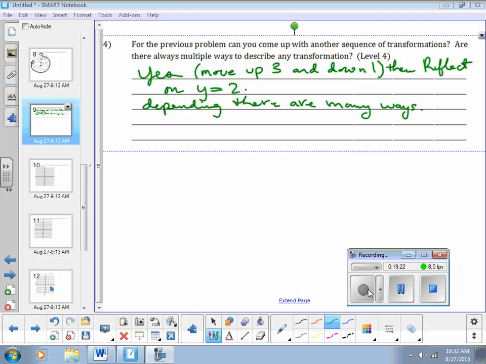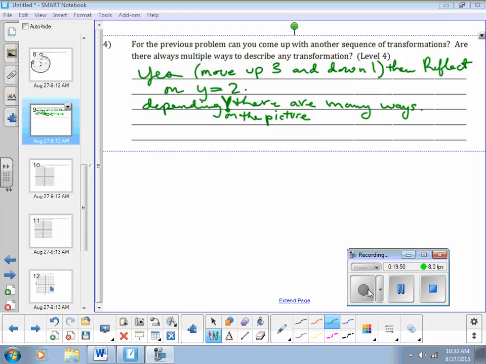And there's many ways, because it all depends on how the picture was given to us, yeah? Oops, and I forgot. Right here, I should have put depending on the picture. I thought that, but I didn't write it. Okay, that's supposed to go right here. Depending on the picture, there are many ways.